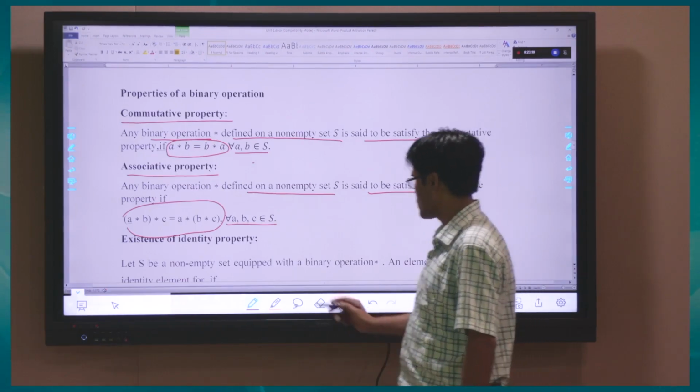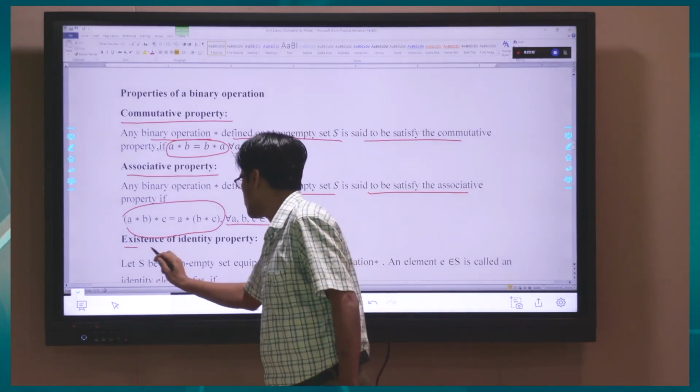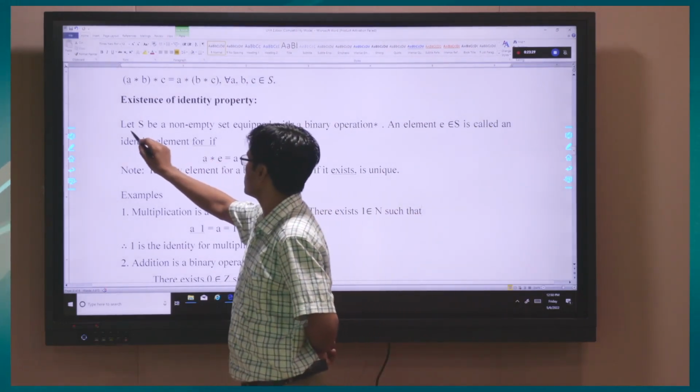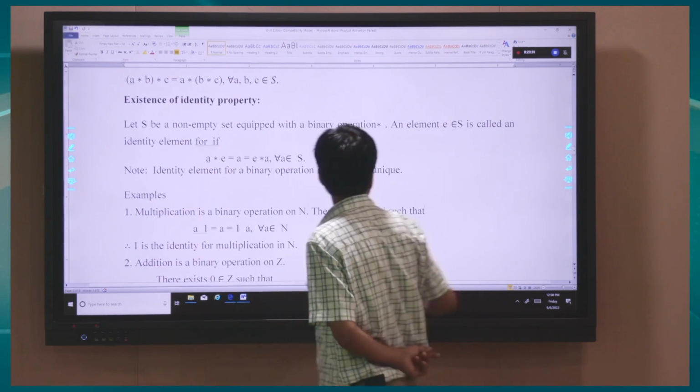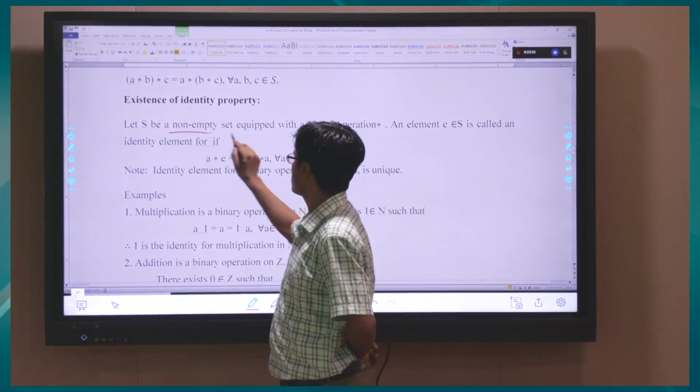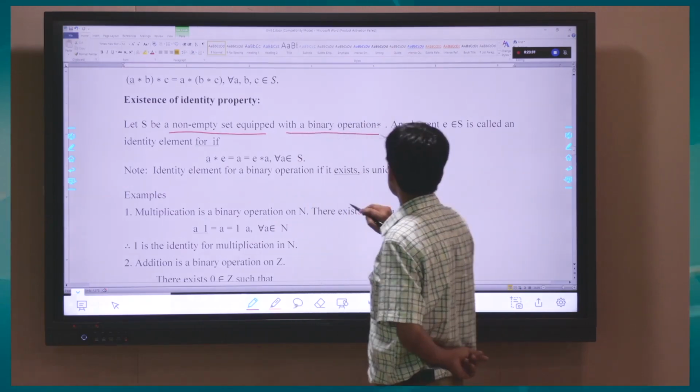The next property is the existence of an identity element. Suppose we consider a set S, a non-empty set equipped with a binary operation star.